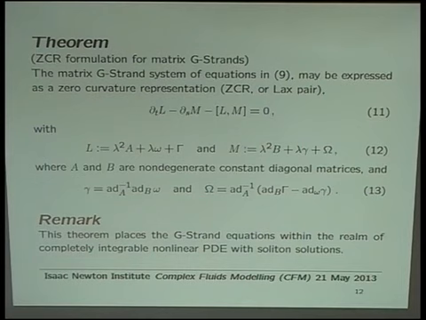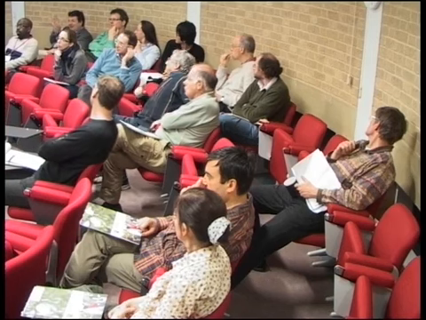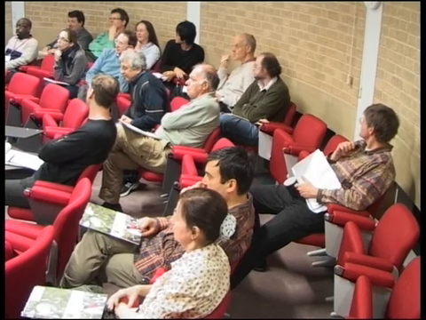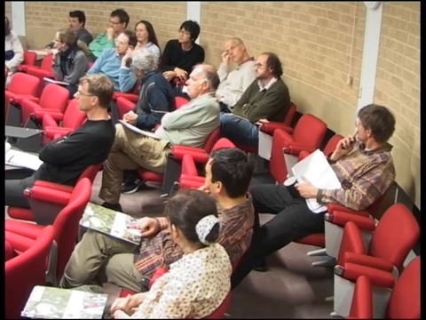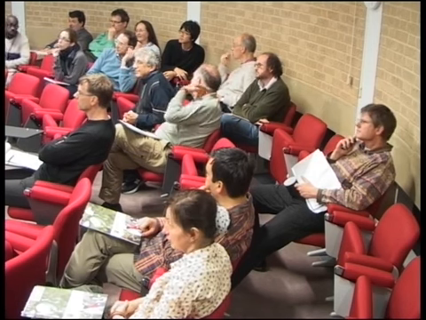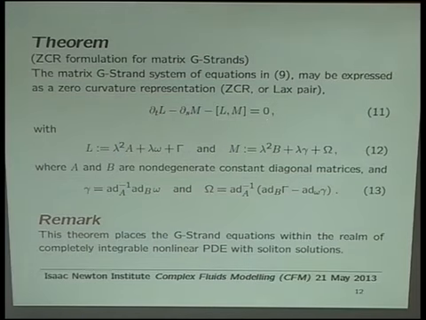But usually a Lax pair is not enough, right? Are there more indications showing that you do have a completely integrable system? Yeah, once you have this, which is called the zero curvature representation, then you connect this problem to the Riemann-Hilbert problem.